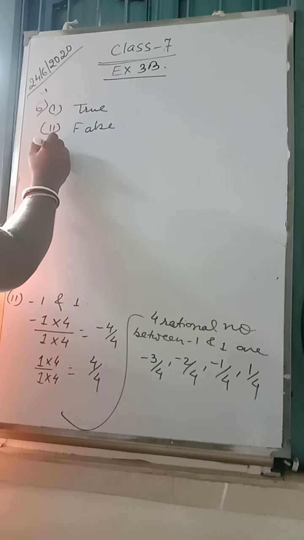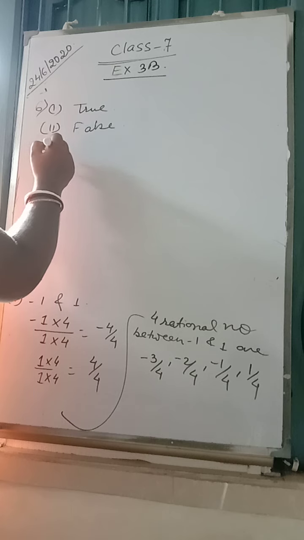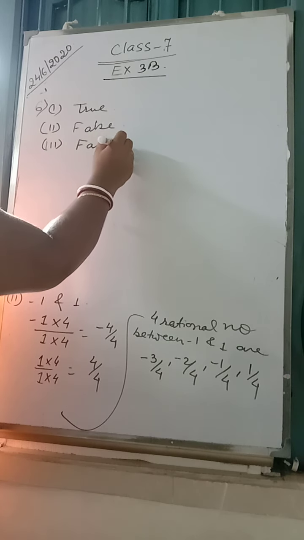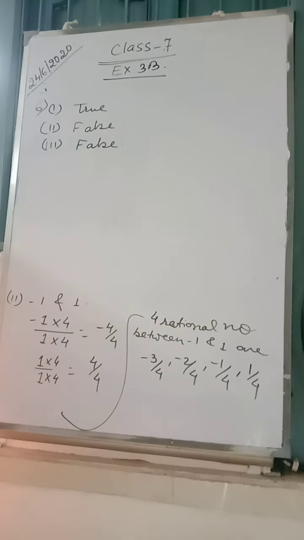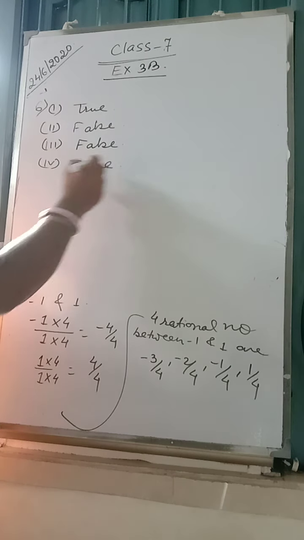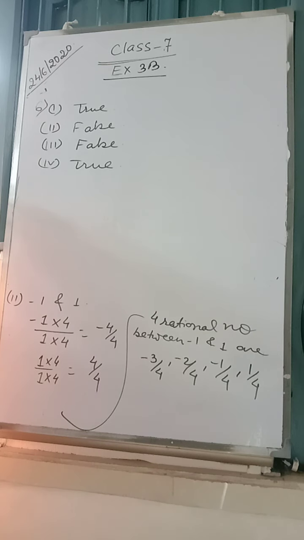So this is also false. Even a very small positive number is greater than a very large negative number. True. 0 is greater than all the negative numbers. True.